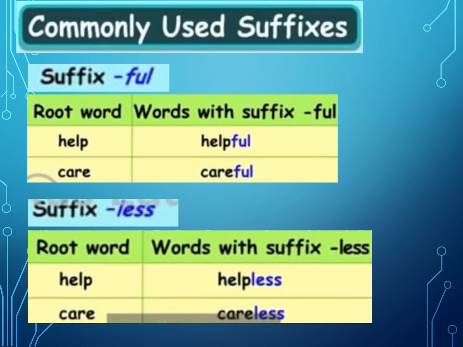In the same way, the root word care, if we add the suffix less, becomes careless. Careless. Less means the lack of. In this way, we can use different suffixes with different words.